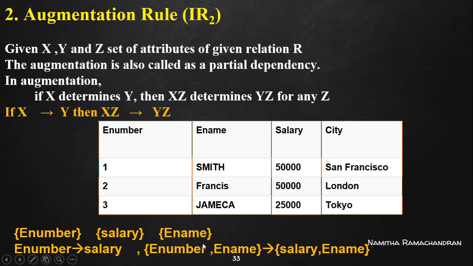Then attach the third set to these 2. If E number implies salary is a valid dependency, then E number, E name implies salary, E name is still valid. That means if we know the number and name, we can say the salary and name of that employee.